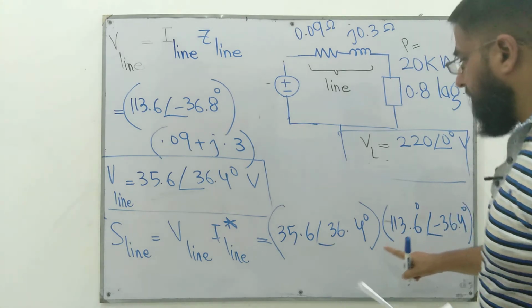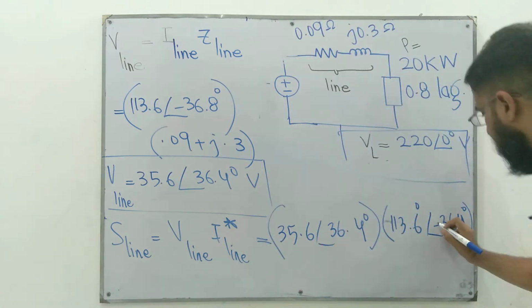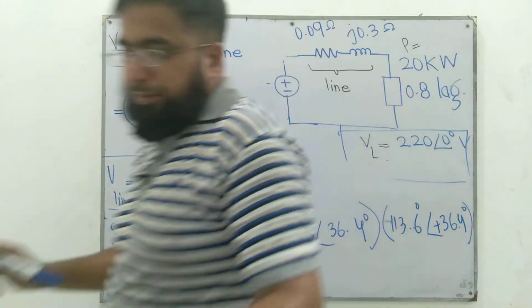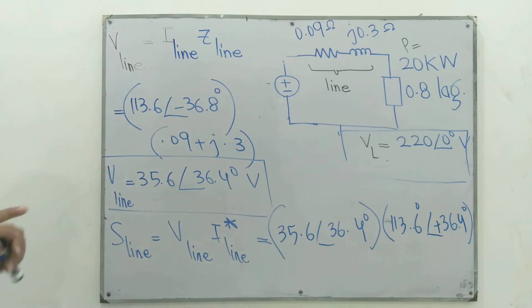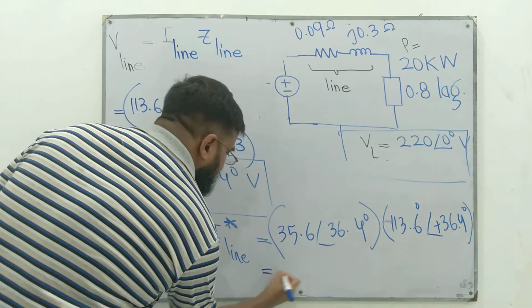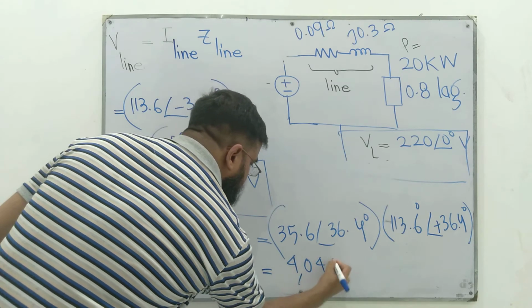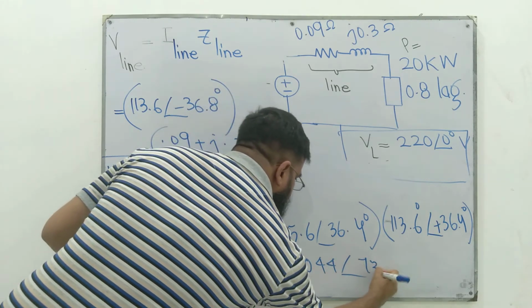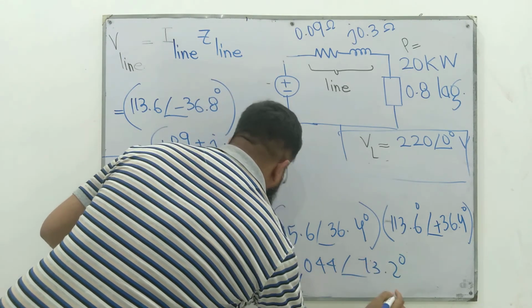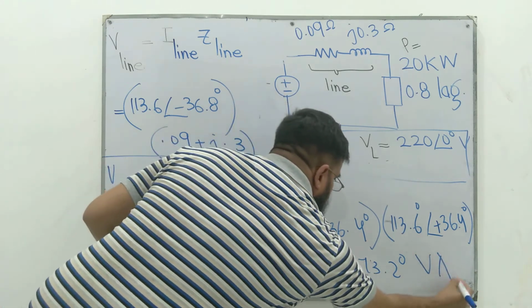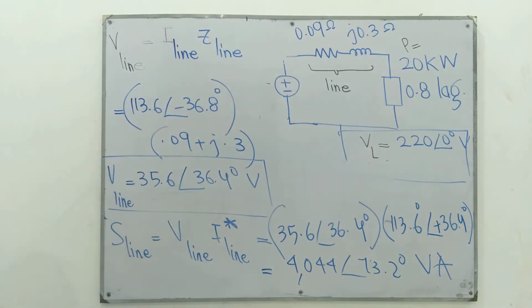We multiply it with the complex conjugate, so this minus would be converted into a plus. So S line would be 4044 at an angle of 73.2 degrees VA, volt amperes.